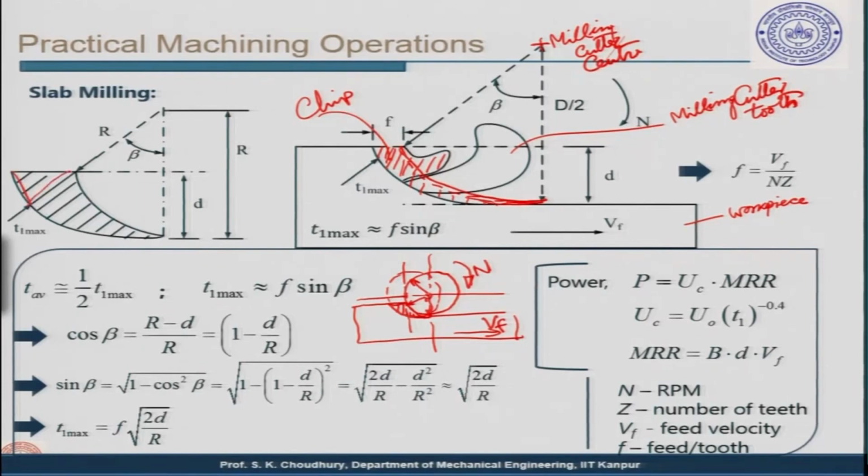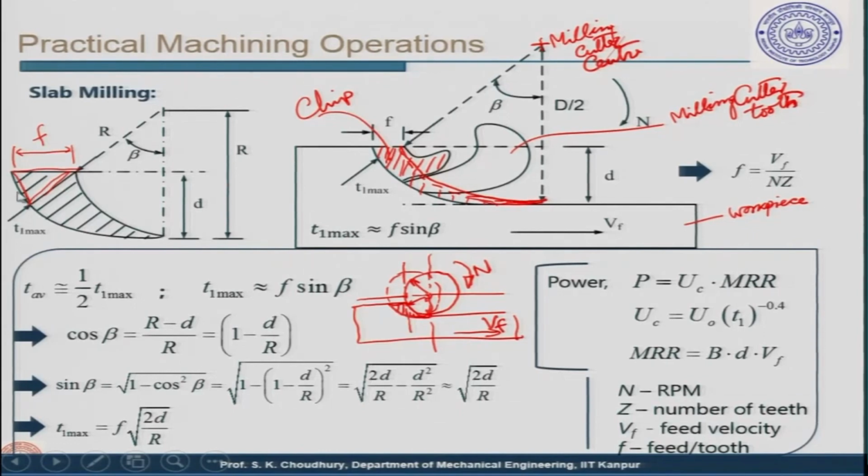In this triangle, of course, this is f, this is t1 maximum. So, this will be approximately f into sine of beta, all right. Now, approximately, because we have assumed this to be a straight line.